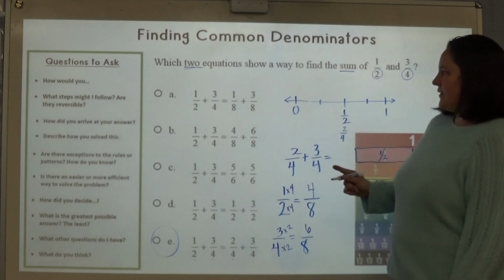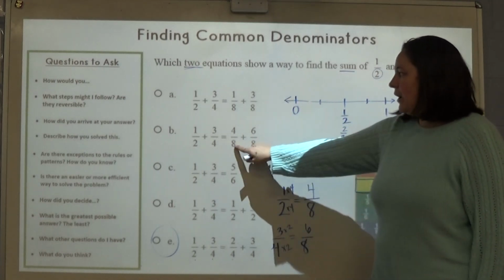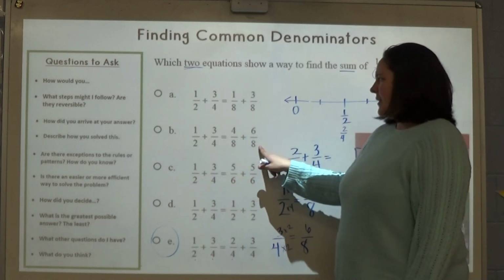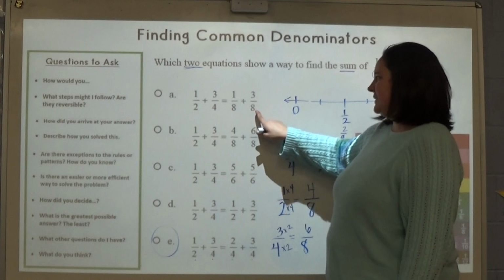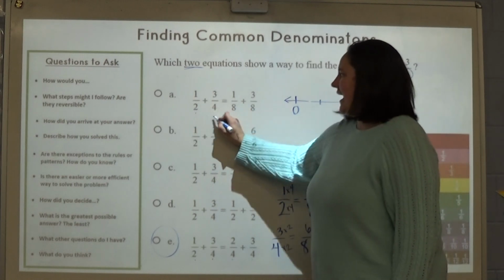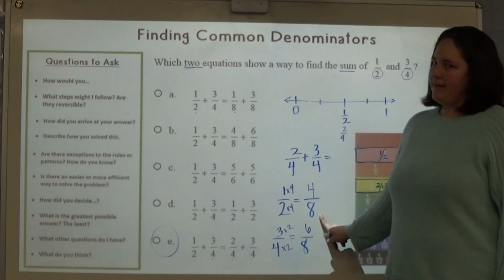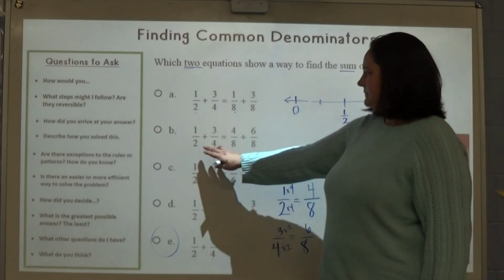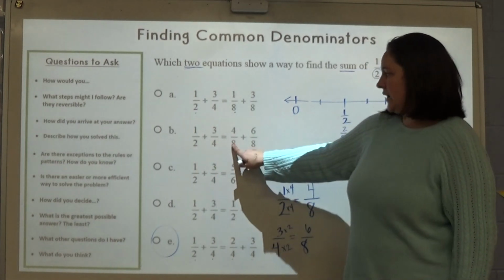And I remember seeing option A and option B both have eighths. Let's go ahead and see which one makes sense. Option A: 1/8 plus 3/8. 1/2 and 1/8. 1/2? No, 1/2 equals 4/8. Let's look at option B. 1/2, 4/8.